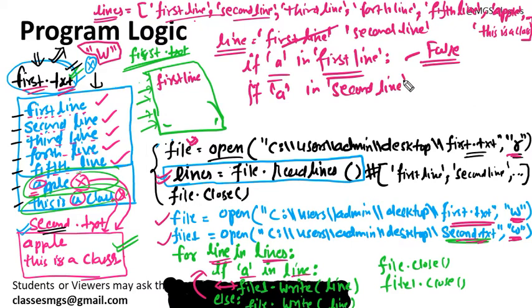Remember. Second line: does this particular string contain a? No, it is false. That means again the else will be executed and this file pointer will write into this file. The second line will be written here. Then the third line, fourth line, fifth line, up to the fifth line, the same thing keeps going.